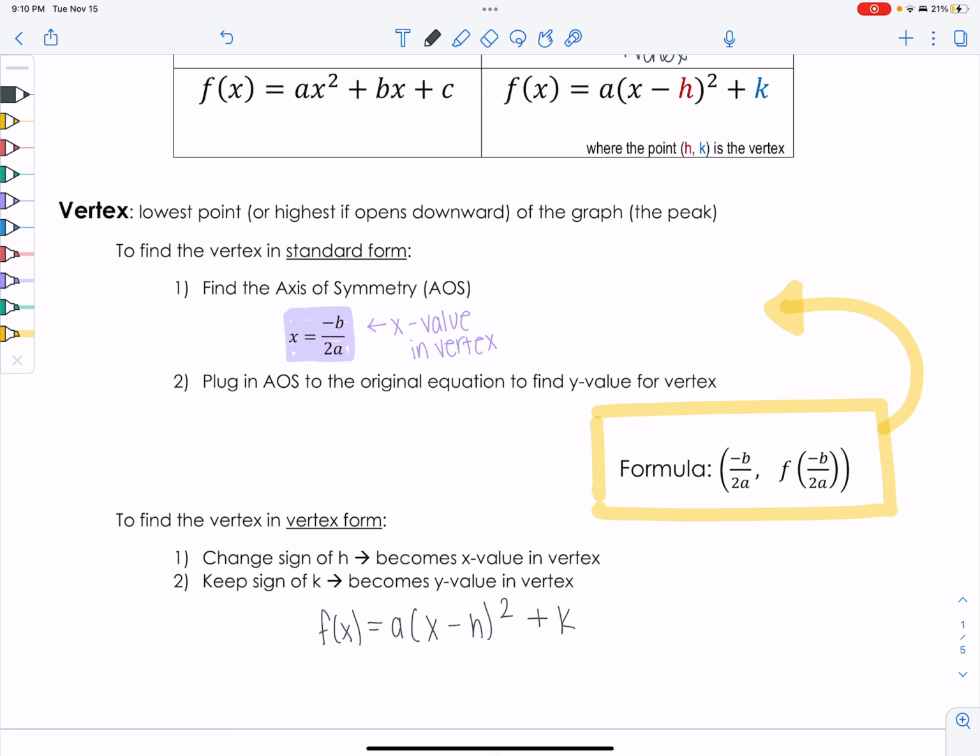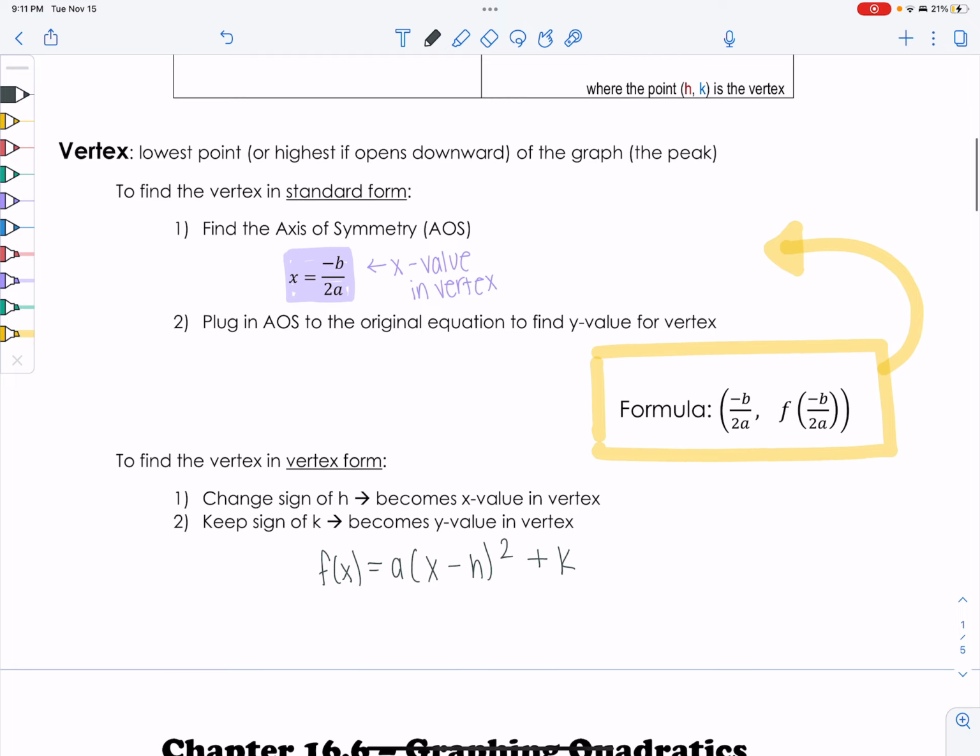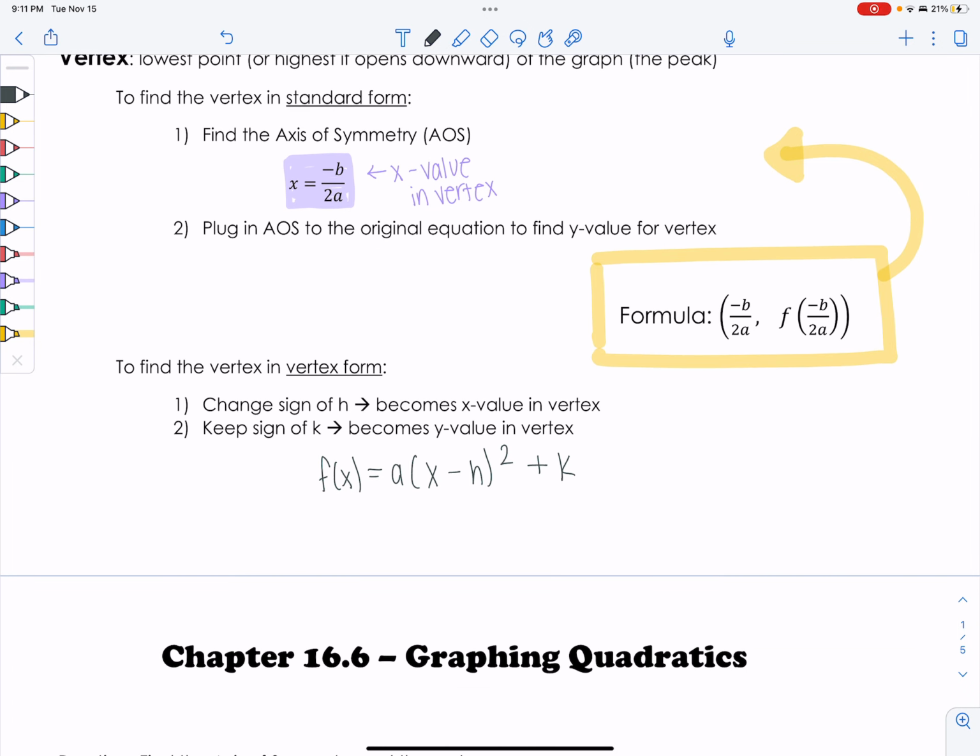So it is just like it appears. Change the sign of h because in the formula it is minus h, and in my vertex I want positive h, so that's going to become the x value. And then k, the sign is not going to change because it's already positive in the vertex form formula.